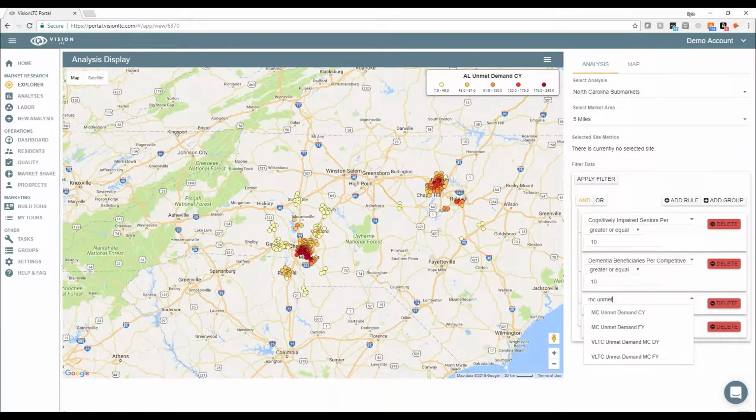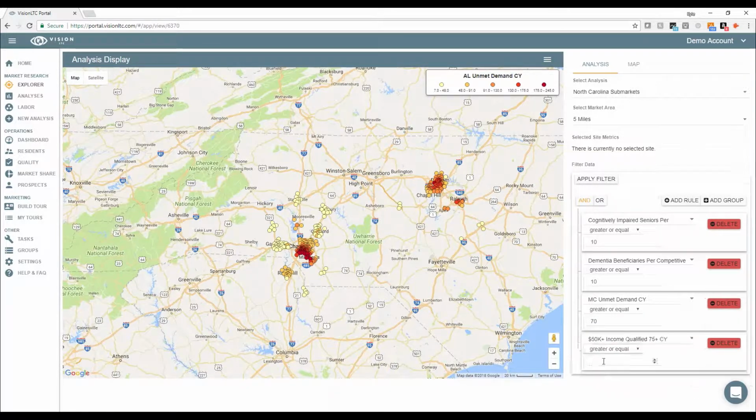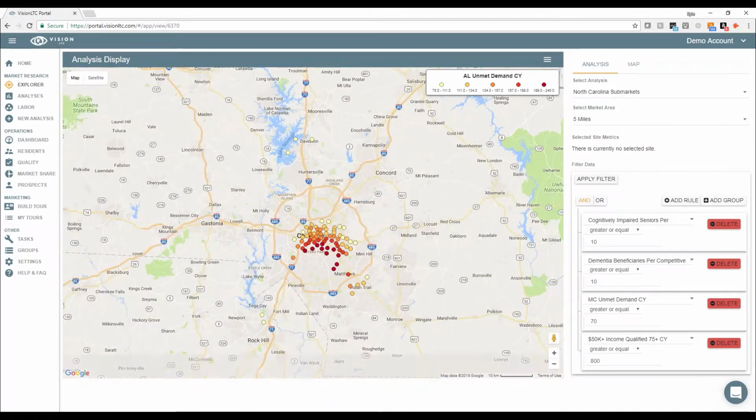If we add some more context to the analysis using the tools you're probably using today, like an unmet demand formula or feasibility formula, and some metrics for qualifying seniors with income, so households over the age of 75 with at least $50,000 of annual income, we're even more focused on areas of opportunity: Durham, Chapel Hill, Raleigh, Apex, Davidson, and then downtown Charlotte and a little part of Rock Hill.